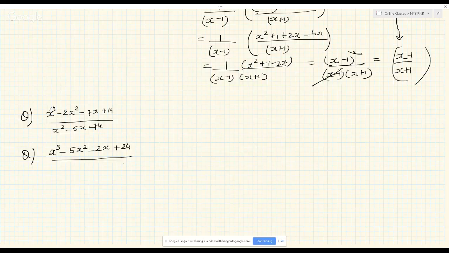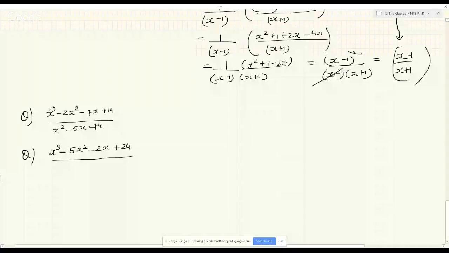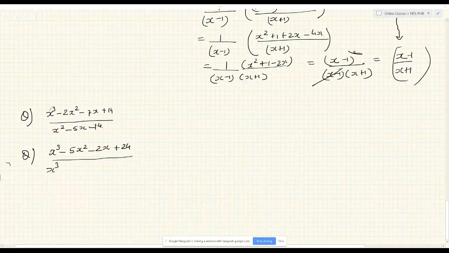Yeah. So hence divide by x cube minus 8x square plus 19x minus 12. Yeah. Solve this.